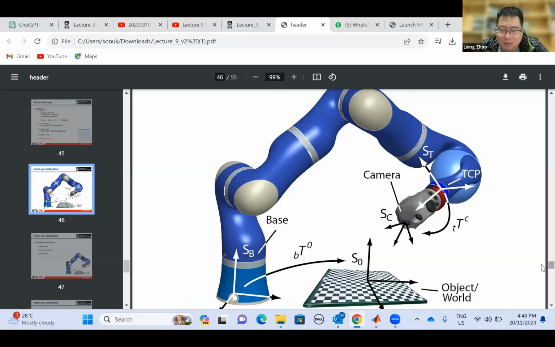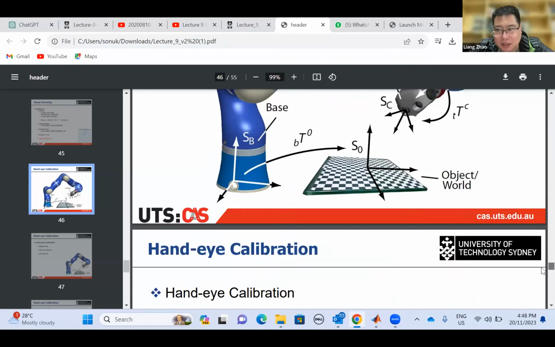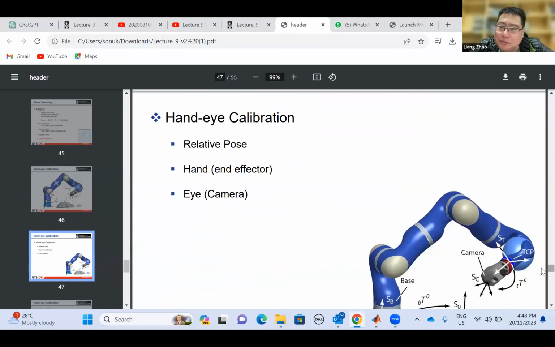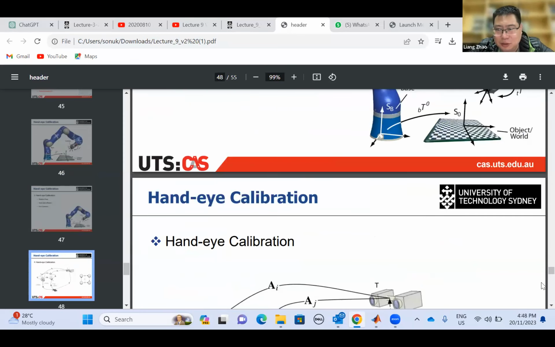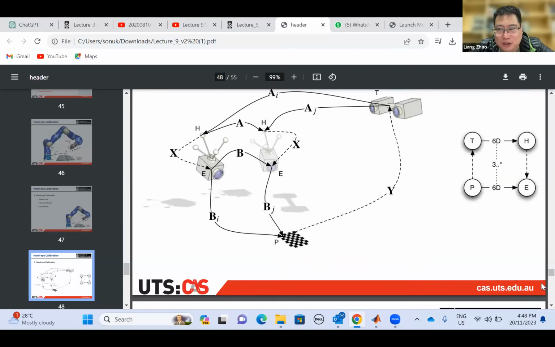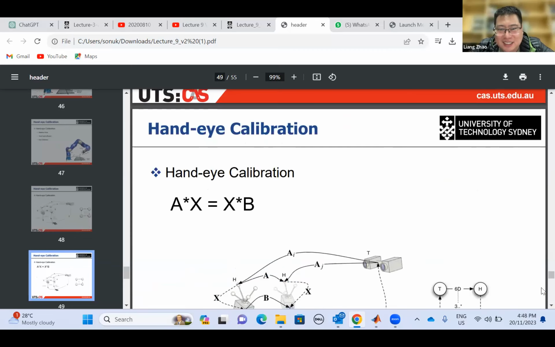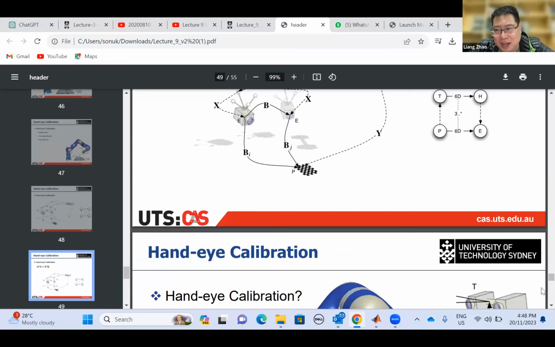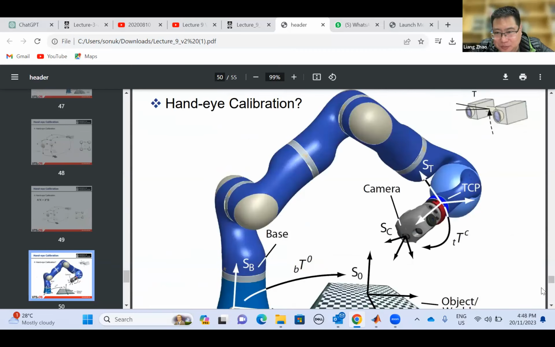One is from the camera and the other is from the robot end effector. Then you can set up this AX equal to XB problem because you have two corresponding sequences of poses for each of the sensors. So that's the basic idea why we have this AX equal to XB.